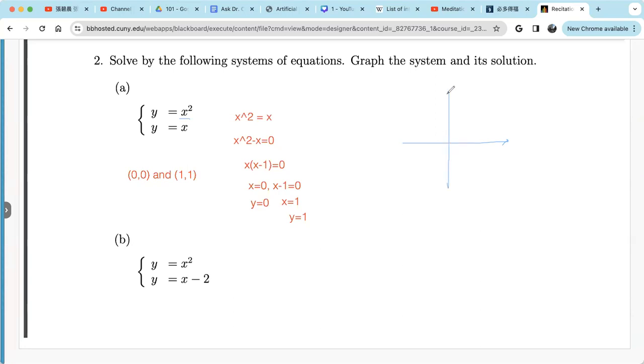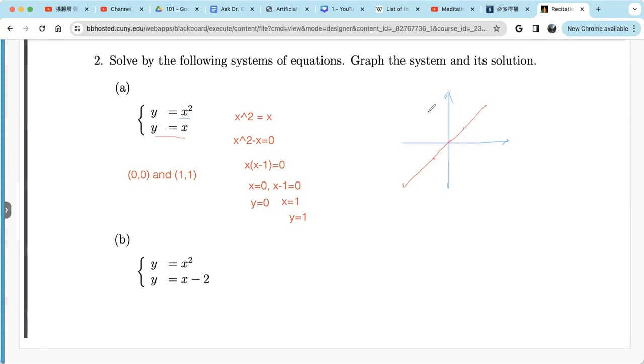So if you graph this, x-axis, y-axis, let's graph with the red color. y equals x cuts the first quadrant into half because every x value and y value are the same. It crosses the origin, and cuts the third quadrant into half. So that's y equals x.